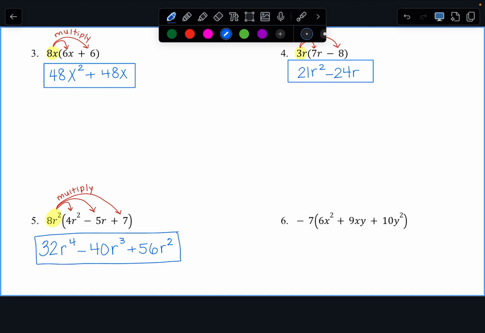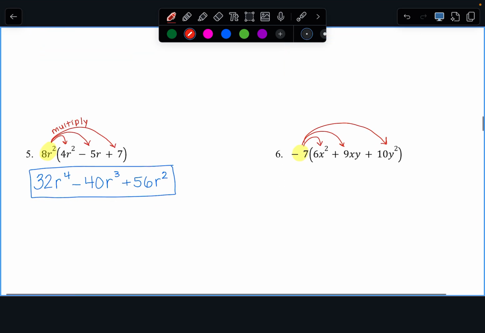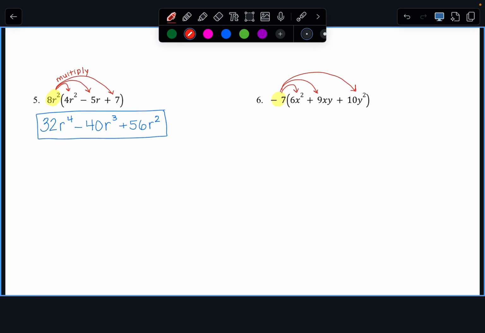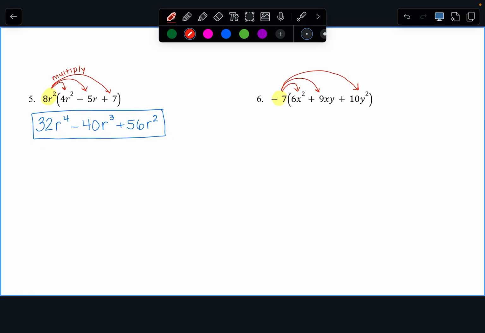Still doing okay? For number 6, we're distributing a negative 7. So negative 7 times 6x to the second, negative 42x to the second.